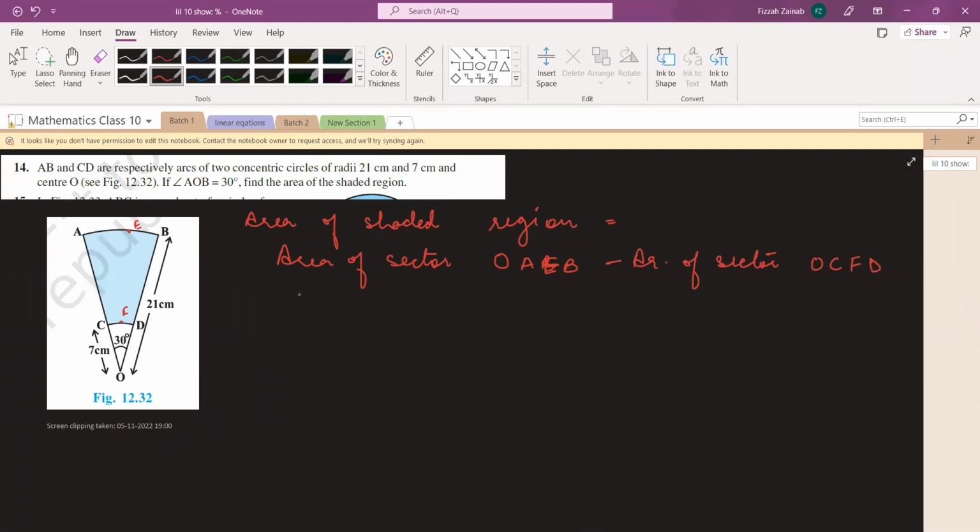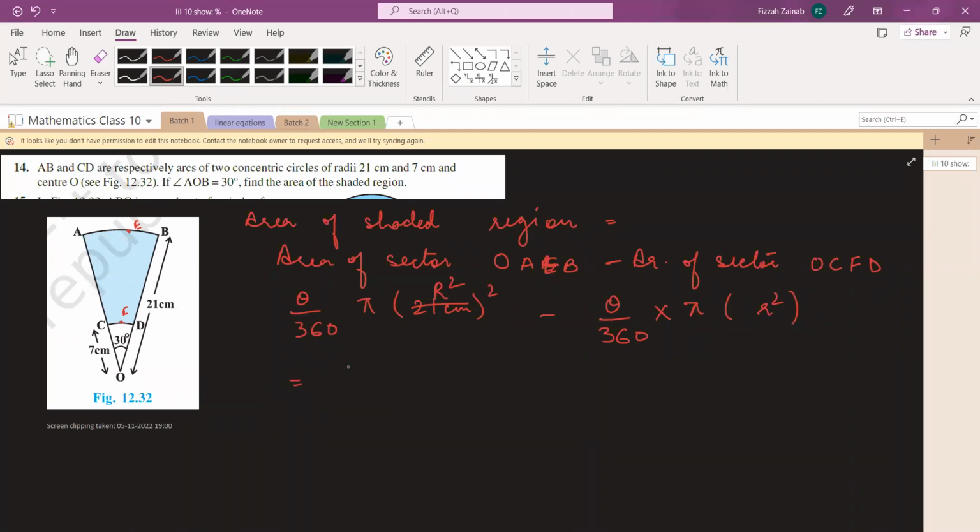So that is theta by 360 into pi, where the radius is 21 centimeter square, minus theta by 360 into pi r square. Or you can first write capital R square minus small r square, and then put the values.